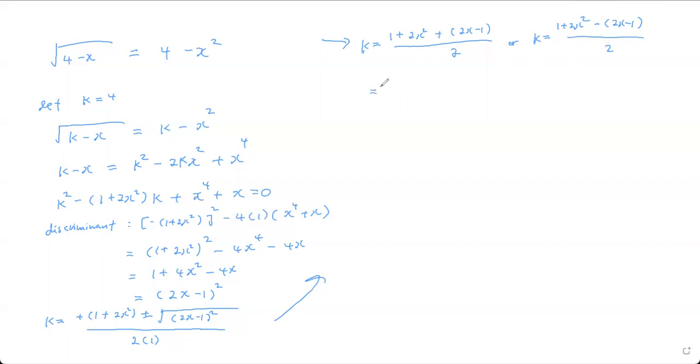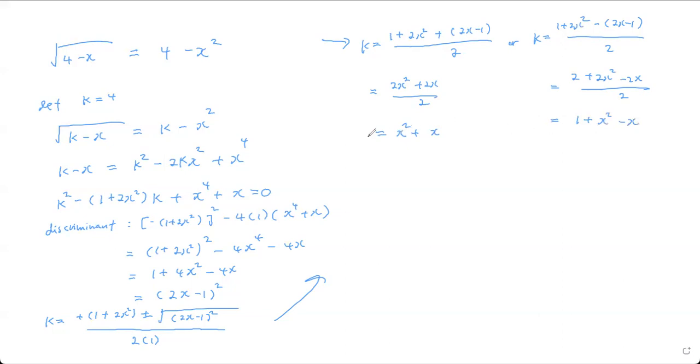So let's simplify this a little bit more, right? So this would be 2x squared plus 2x over 2, and this would be 2 plus 2x squared minus 2x over 2. Okay, so that gives us x squared plus x, and this one would be 1 plus x squared minus x.